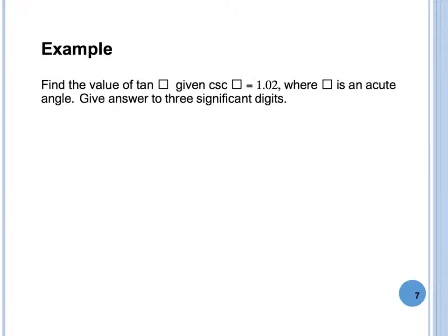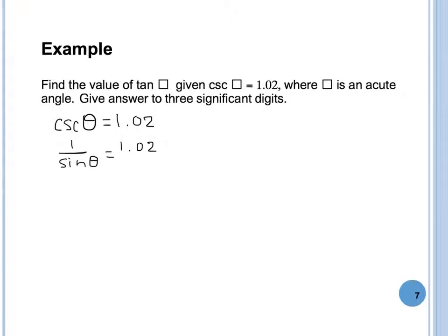So for this question, it's giving me some information about cosecant, which is 1 over sine theta, is 1.02. And so I need to figure out the information of theta that we have here, and then I can use that to find the tangent.